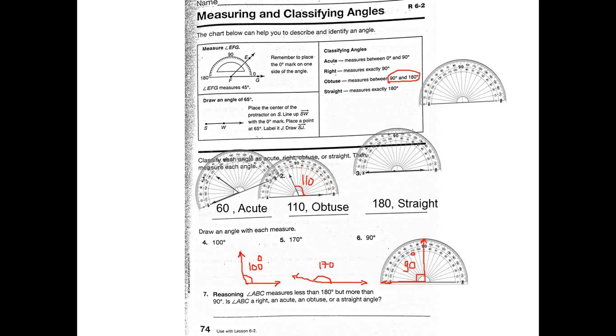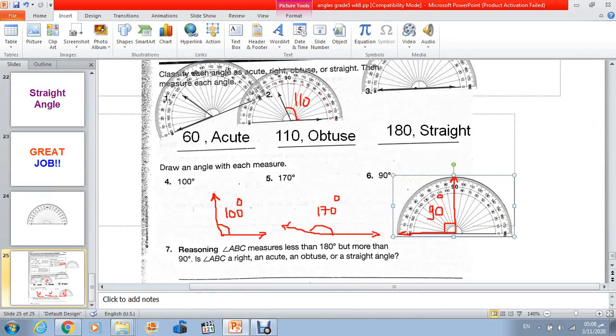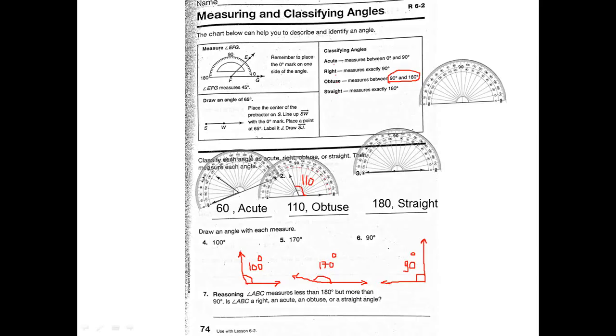The last question down there is asking about reasoning. Let's remove the protractor. If angle ABC measures less than 180 but more than 90, it's less than 180, so it's not straight, right?